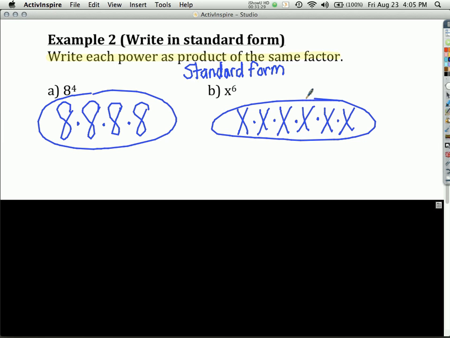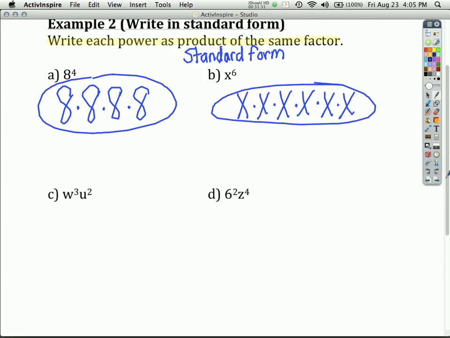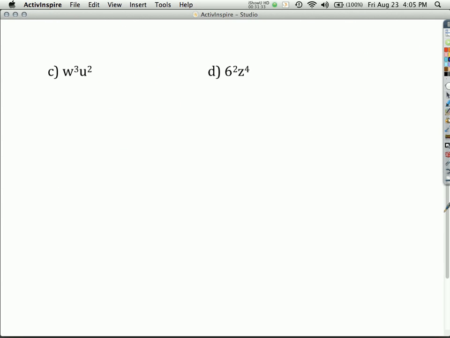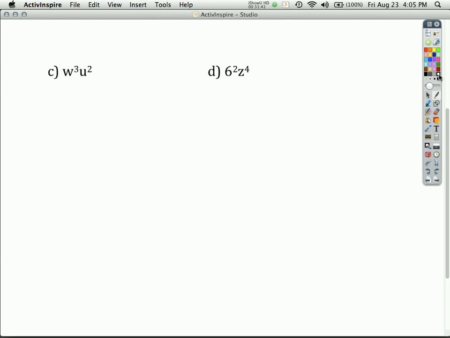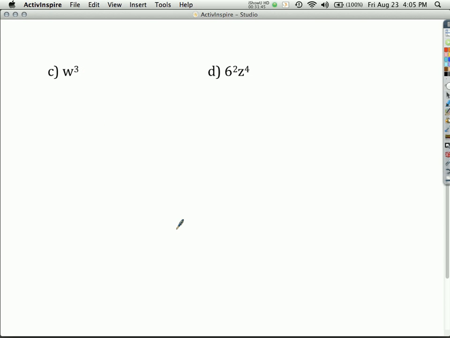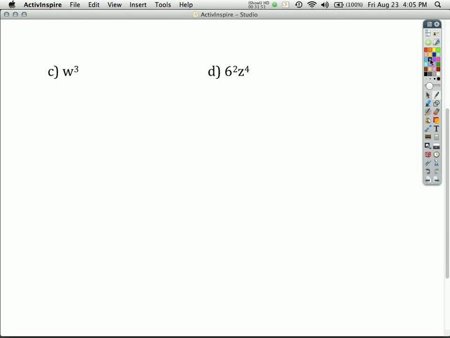Questions? So now when we up the complexity, now we throw in a couple of variables, and it's really the same thing, you just do one at a time. If there was no u here and it was just w to the 3rd, how would I write that out? Rashida? Yeah, it would just be w times w times w.